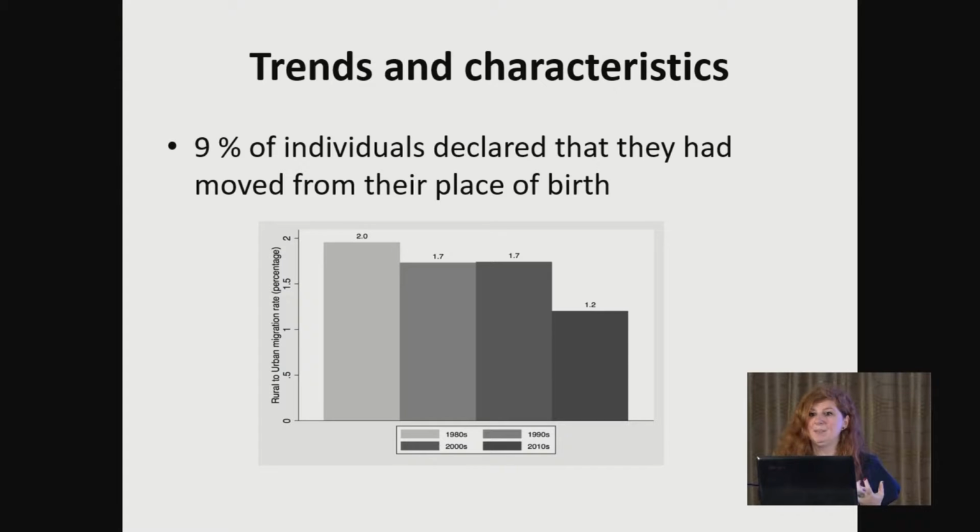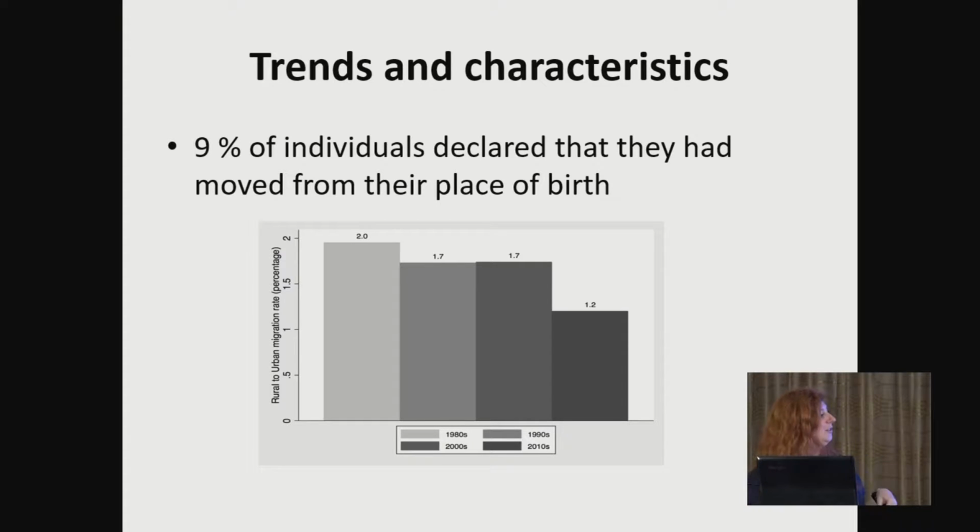The reason why this is important is linked to urbanization, and we know that urbanization is a very important phenomenon in development. So in general, middle and low-income countries tend to experience an increasing or accelerating urbanization and rural exodus.